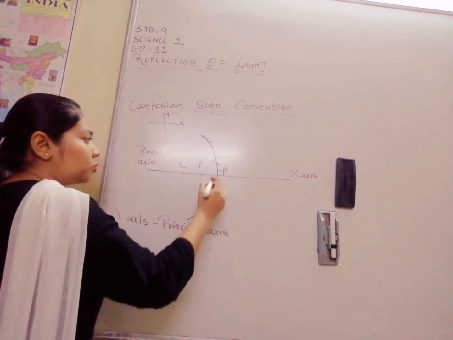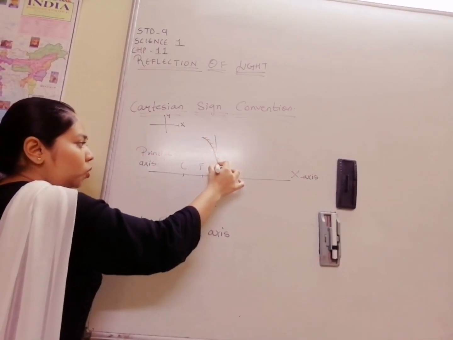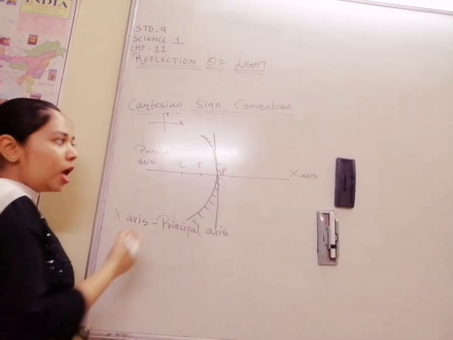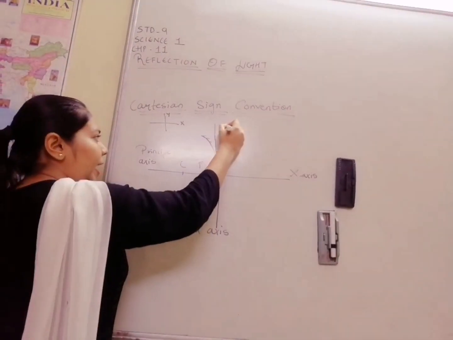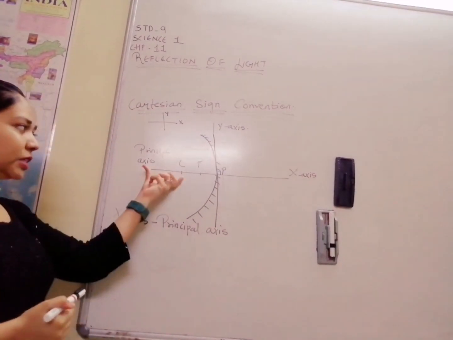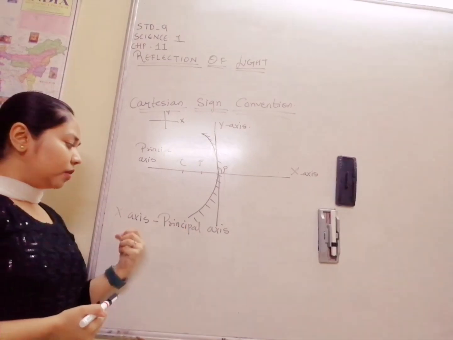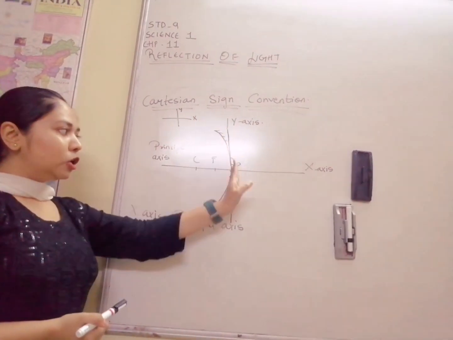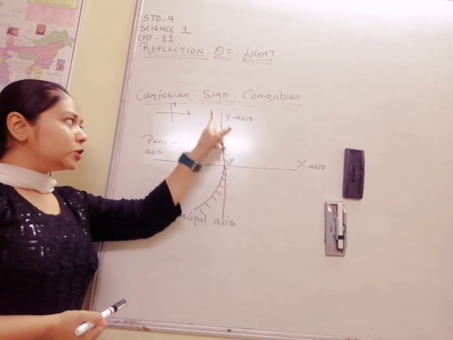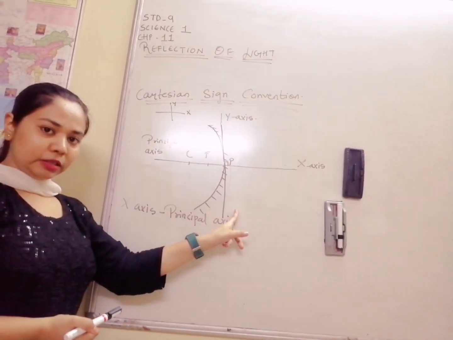And the y-axis will be perpendicular to the x-axis exactly at point P. Okay, and this will become my y-axis. So in a mirror, the principal axis is taken as our x-axis and the perpendicular drawn to the x-axis at point P, that is our pole, becomes our y-axis.